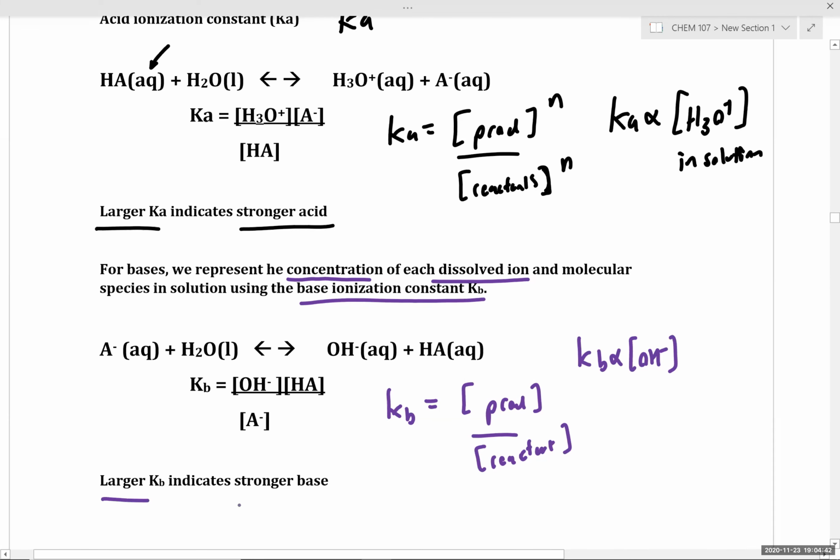So a larger Kb indicates a stronger base. Stronger bases dissociate or react to make hydroxide more readily. Larger Kb, more hydroxide in solution, stronger base. Does that related idea make sense?